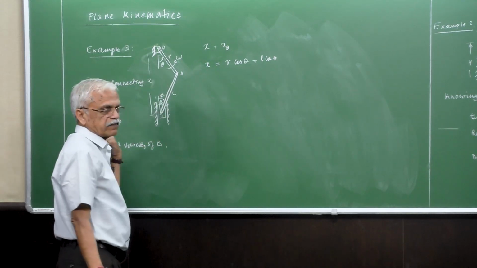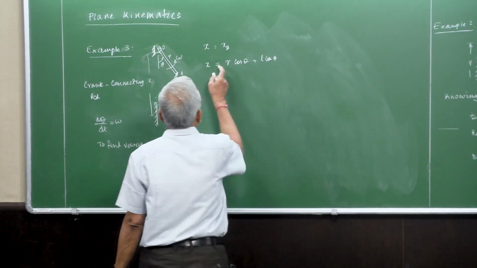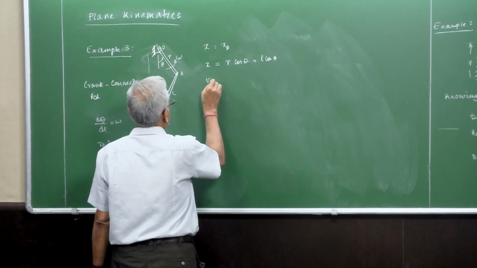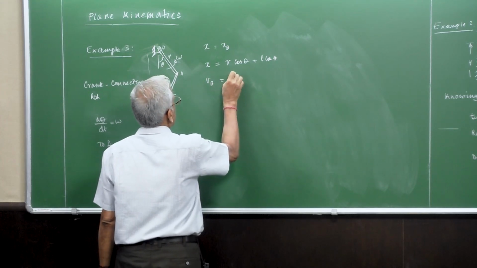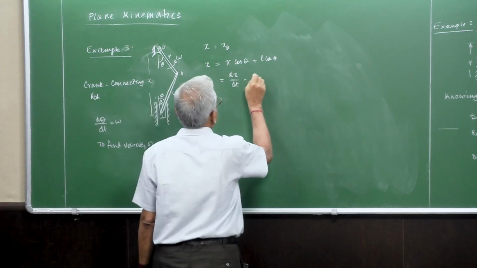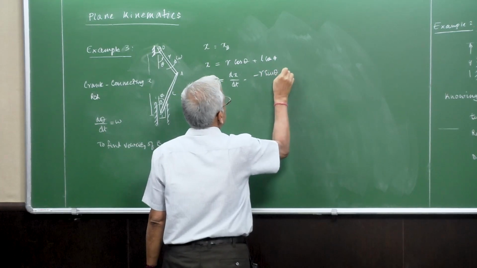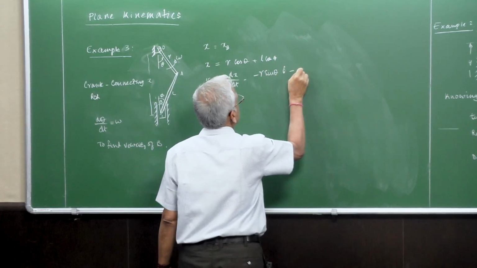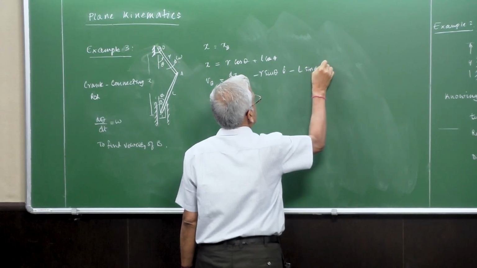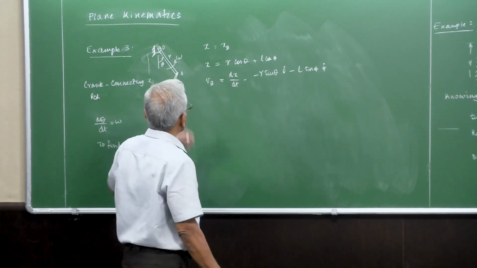So both theta and phi are changing. Okay, and then if you want the velocity of this one, the velocity of B is nothing but dx by dt, and we can do this: minus r sine theta, theta dot, minus L sine phi, phi dot, because phi is also a function of time, and theta is a function of time.